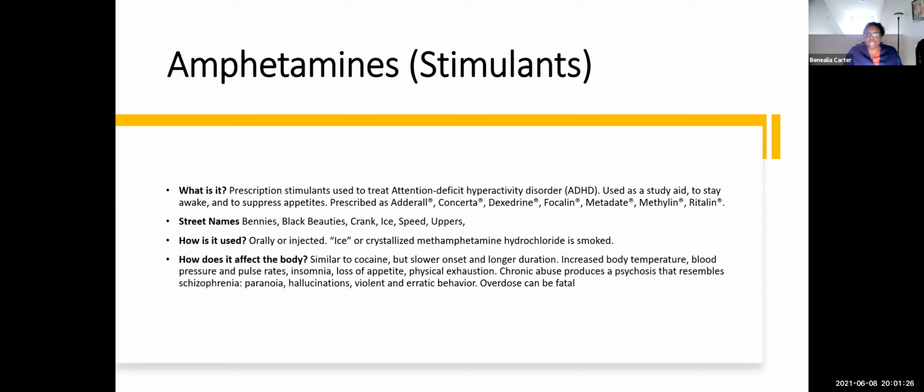It's used to aid in concentration. It's used to focus. If you want to have a drug to help you focus, but yet speed up your ability to concentrate at extreme rates, amphetamines is one.